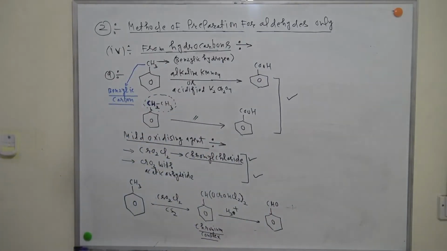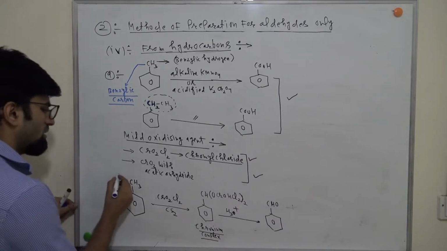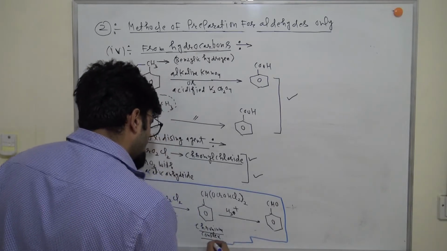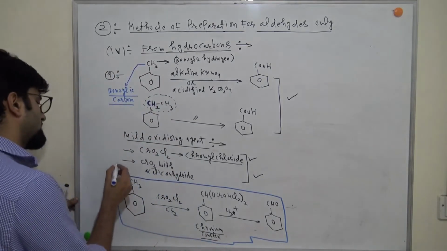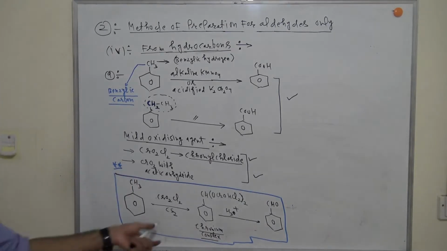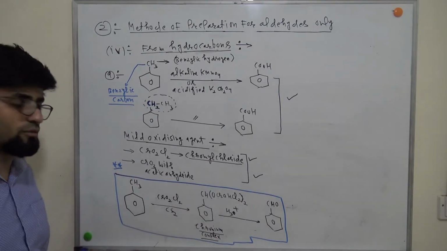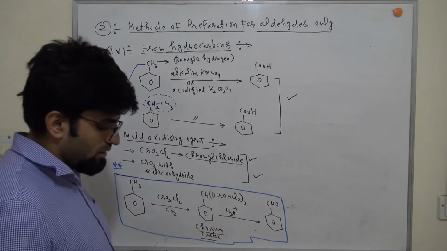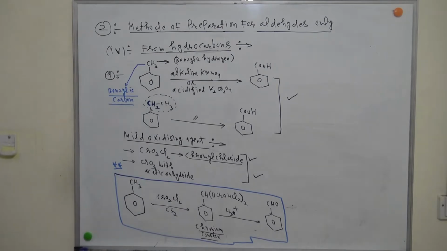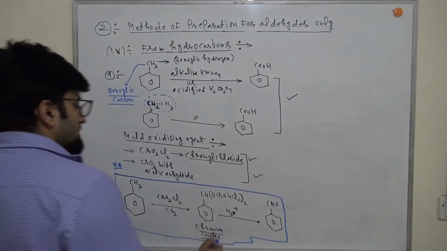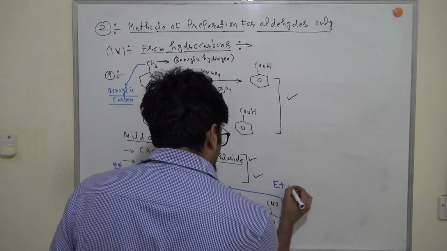Let me tell you that this reaction is a very, very important reaction for you. We are not getting acid, we are getting benzaldehyde. This is very important for your school exam, because this is a name reaction. CrO2Cl2, CS2, first gives the chromium complex, which you have to memorize, CH(OCrOHCl2)2, and then further hydrolysis gives benzaldehyde.